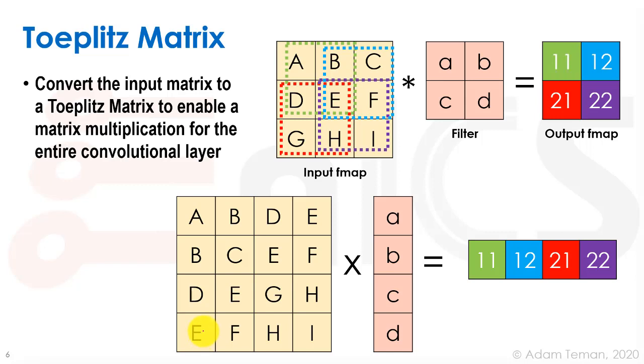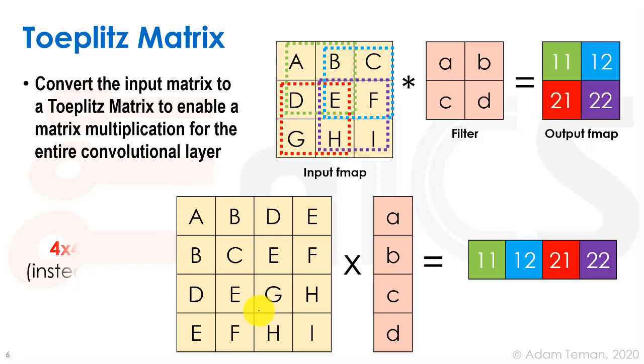And for example, the last one is E, F, H, I times A, B, C, D, that's our purple one. So just by rearranging our input feature map, we can make one matrix multiplication and get our entire convolution of sliding windows.